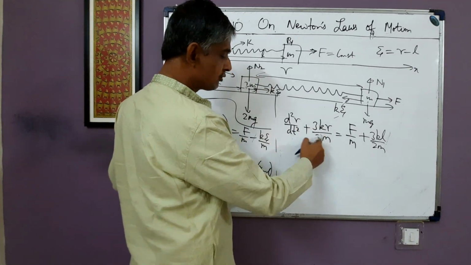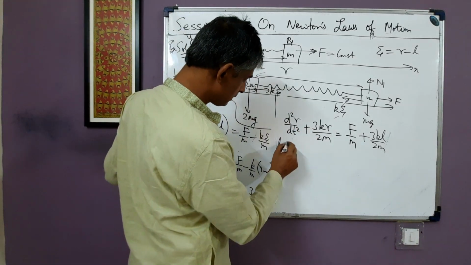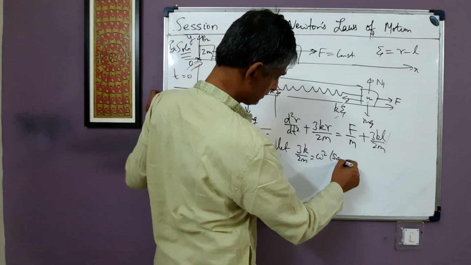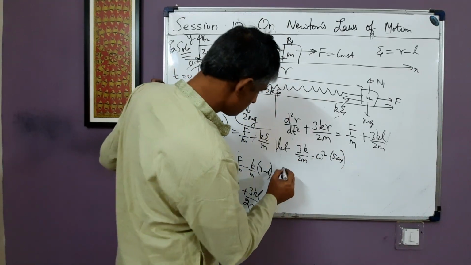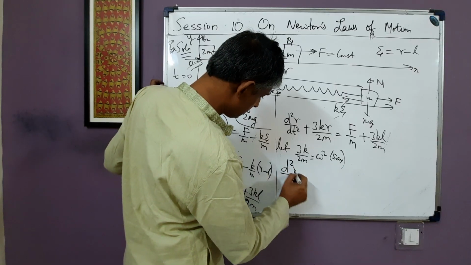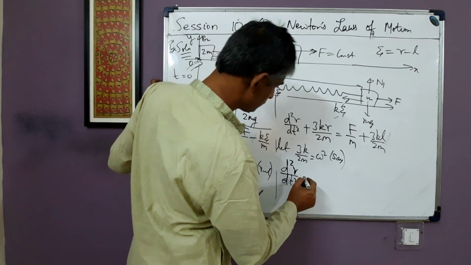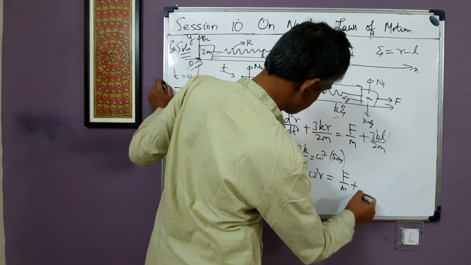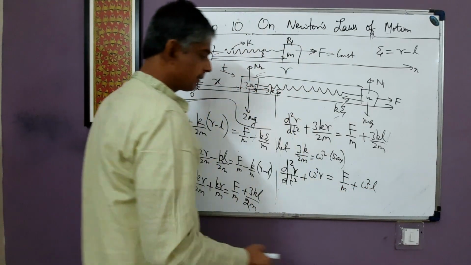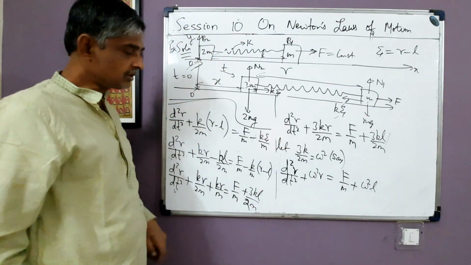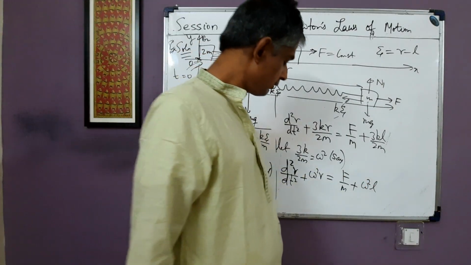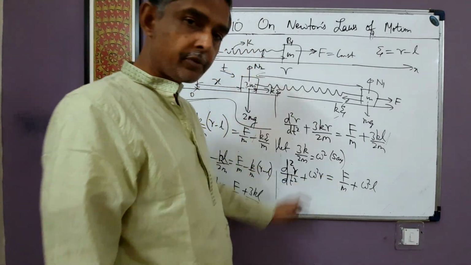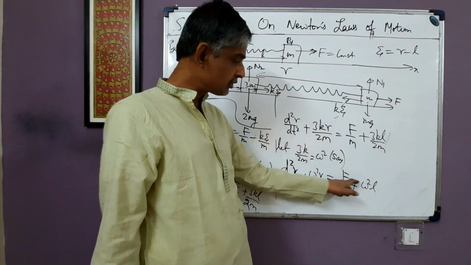Now 3k by 2m is a positive quantity, so let 3k by 2m be equal to omega square, say. So we get d2r by dt2 plus omega square r is equal to f by m plus omega square l. Now see, this is a second order differential equation with r as the dependent variable and t as the independent variable, with constant coefficients, a linear second order differential equation.